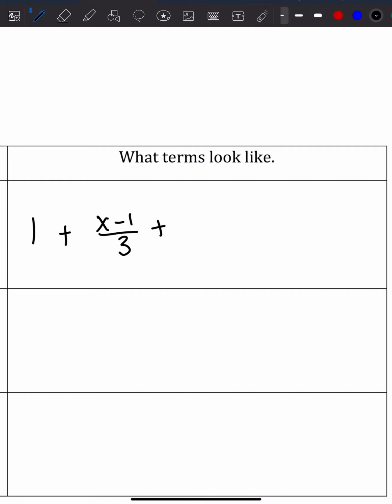When I raise things to the second power, I can also put them as separately squared, so I could write it as x minus 1 squared divided by 3 squared, which may come in handy. And then it's going to keep going on like that forever. The only thing that's changing is that exponent.